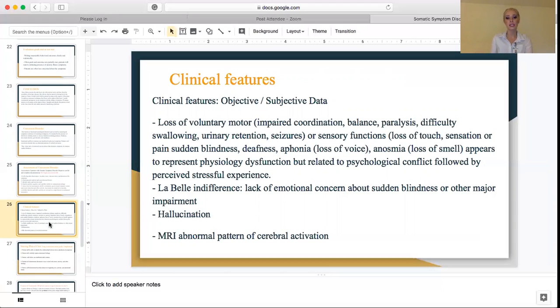La belle indifference, lack of emotional concern about sudden blindness or other major impairment. Is the patient having hallucinations? MRI abnormal pattern of cerebral activation? These are all subjective and objective data that the nurse is looking for and observing.